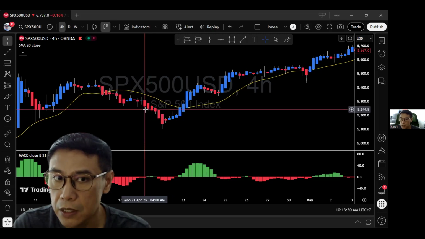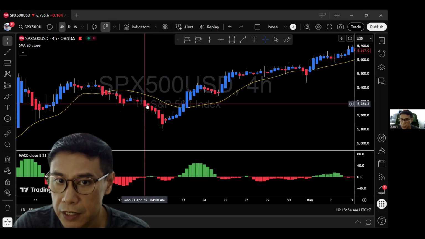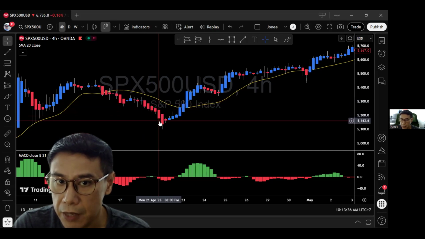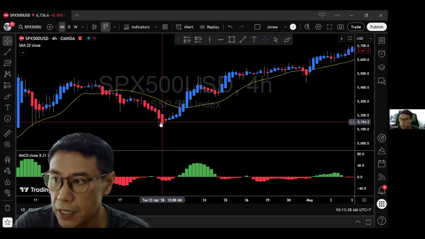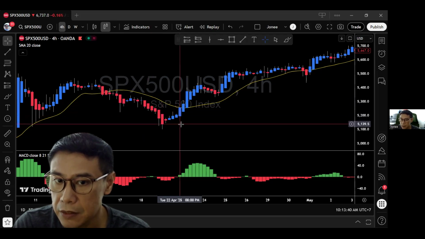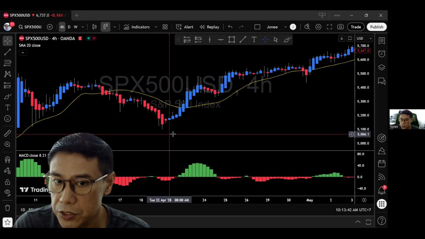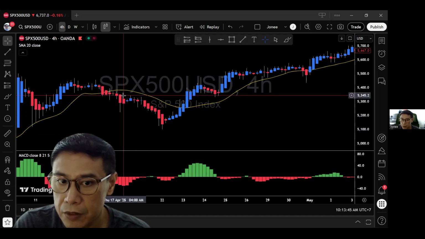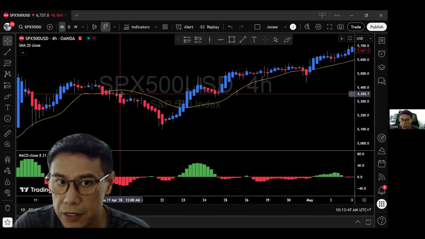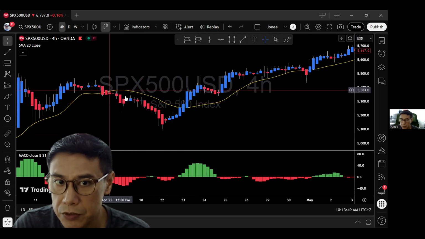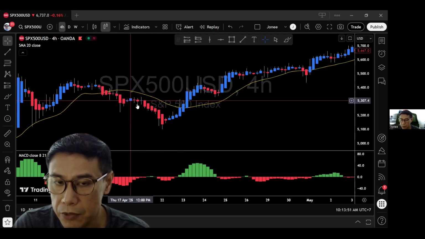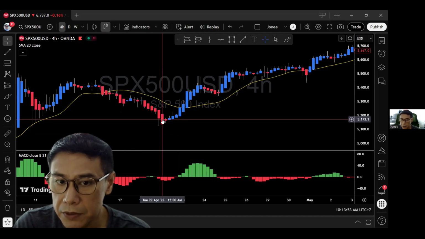So I want to see a bearish move, of course, to the downside like this, and I want to be able to spot a flip in the MACD, okay, from bearish histogram to bullish histogram. So once I spot this retracement or pullback in price action, I want to be able to see at least 4 or 5.